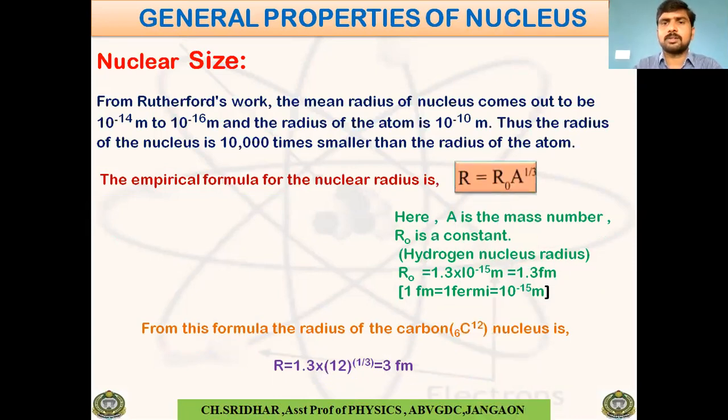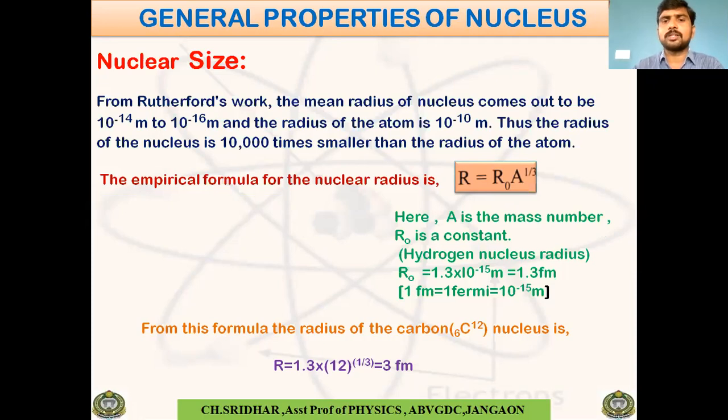This is the formula which is used to calculate the radius of the given nucleus, and this is just an empirical formula having no evidence of practical proof. That is, the empirical formula for the nuclear radius is R is equal to R naught into A power 1 by 3, where A is the mass number and R naught is a constant, equal to the radius of the first orbit, that is the hydrogen nucleus radius.